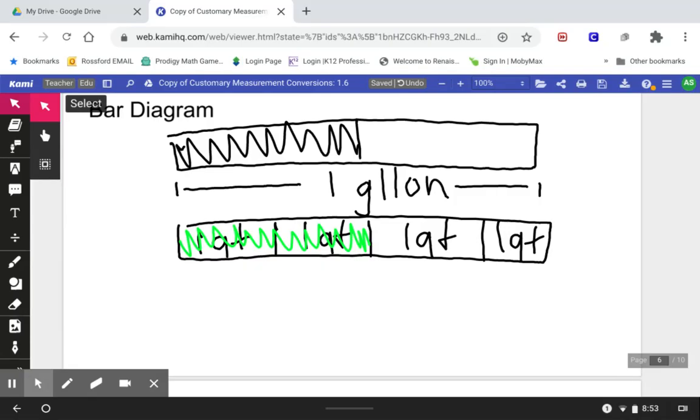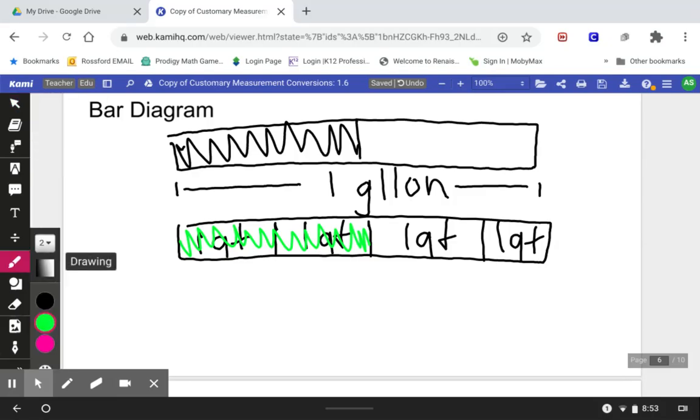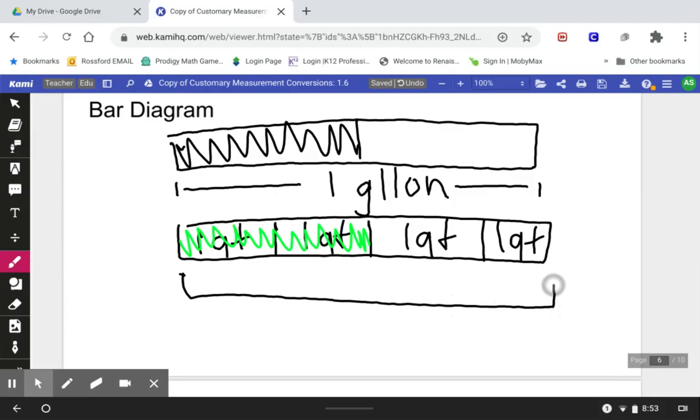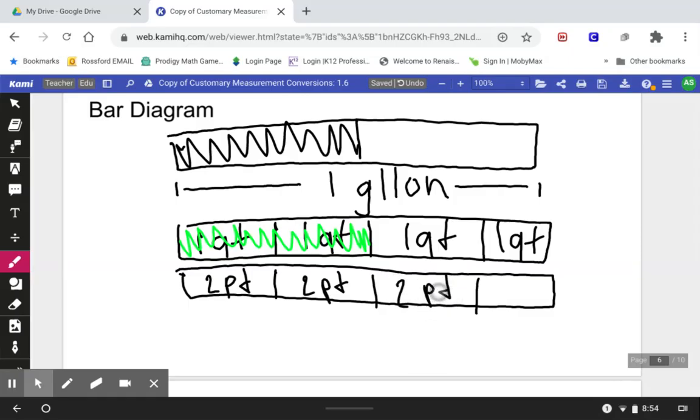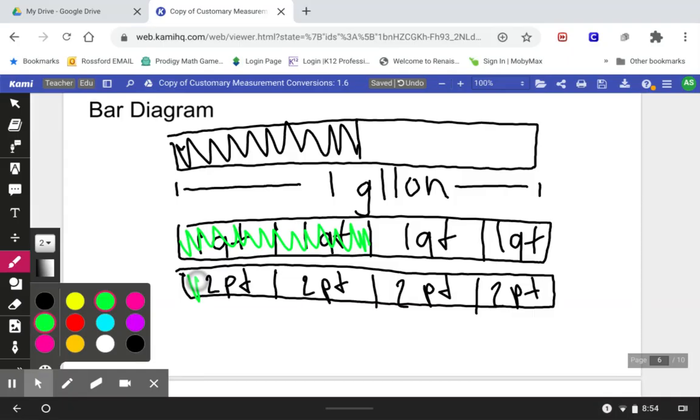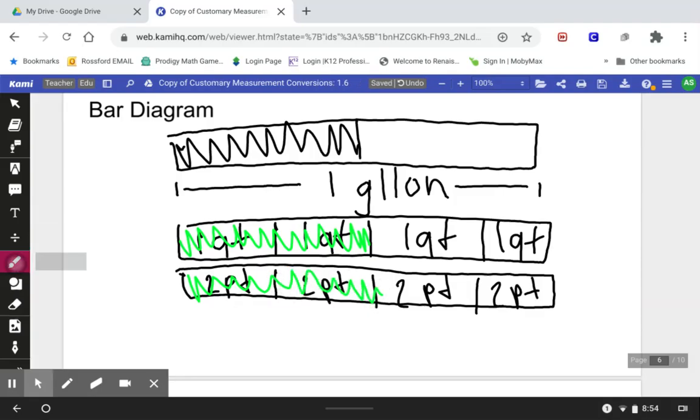Okay. Now we got to go from quarts to pints. For every quart, we know there's 2 pints. Again, we're still looking at what Marco has. All right, finally our last one, we're going from pints to cups.